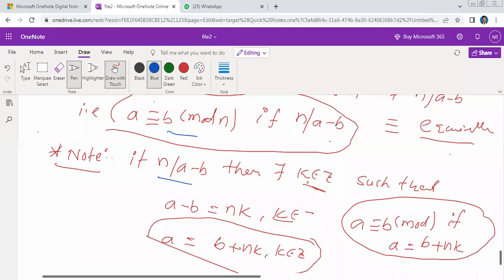Then there exists k belonging to Z such that a minus b is equal to nk, k any integer. అప్పుడు ఏం రాయొచ్చు? a is equal to b plus nk. Therefore a congruent to b modulo n is nothing but a equals b plus nk.